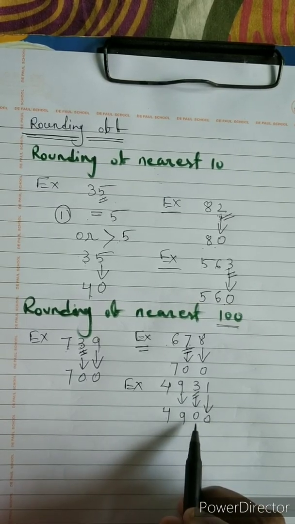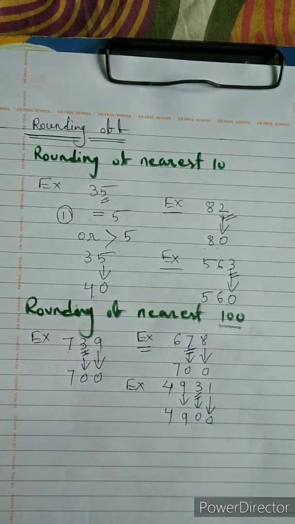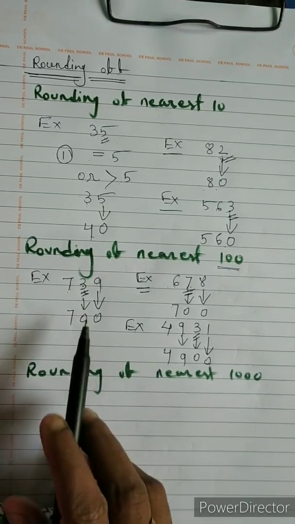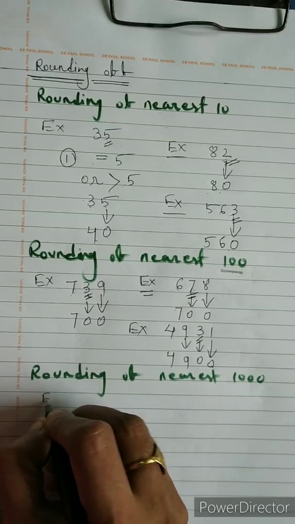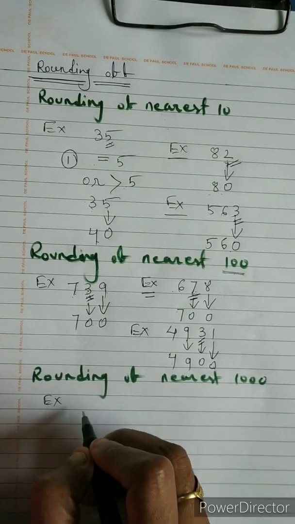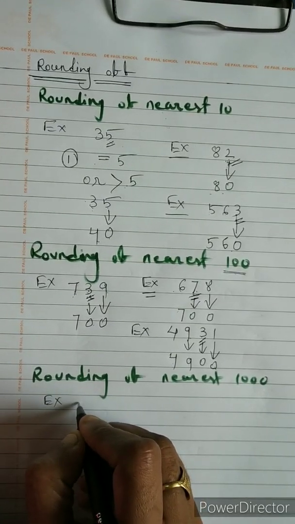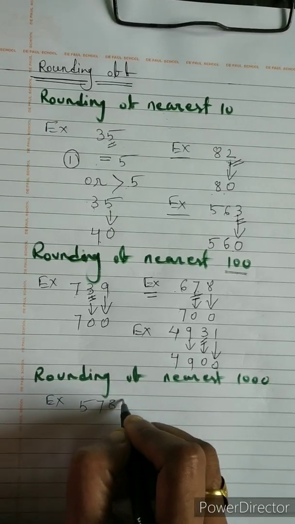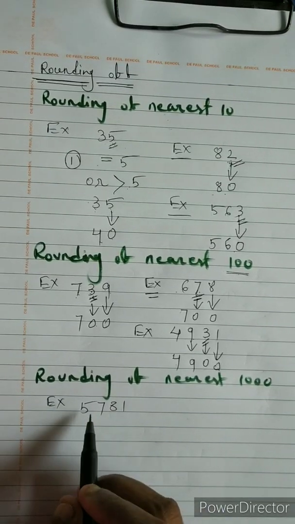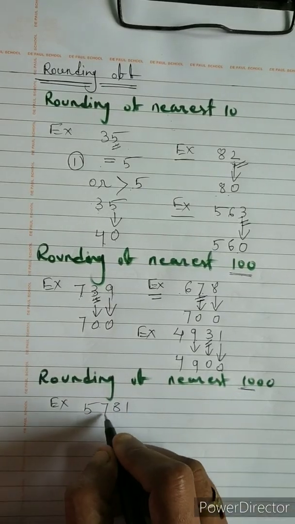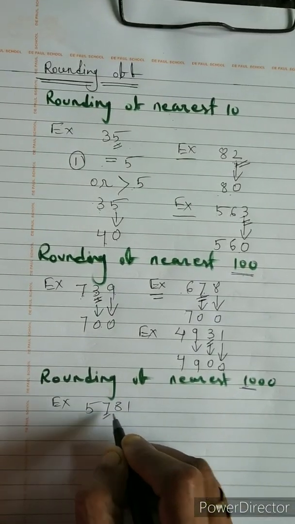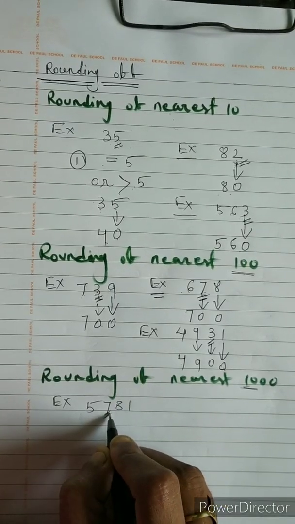Then next we will go to rounding to the nearest 1000. See, children, rounding to the nearest 1000. Same, I will take one example. Suppose a 4-digit number, 5781. Now in this rounding to the nearest 1000, we will just compare the 100 place digit with 5.